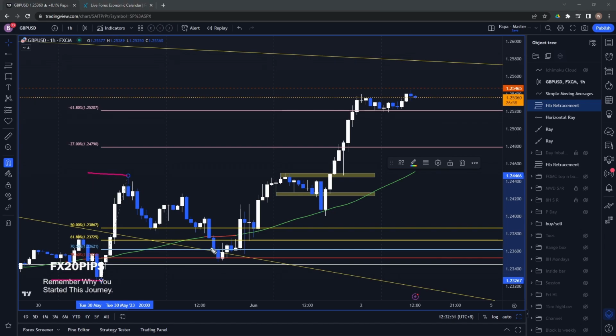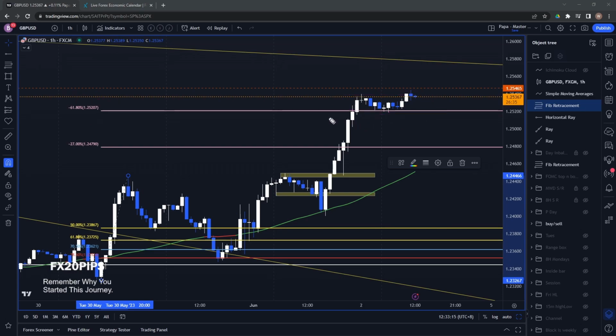From here to here, it hit 78.6, it will come here, which it did, came here, retest, shot up. You see how it shot up here to hit this level.